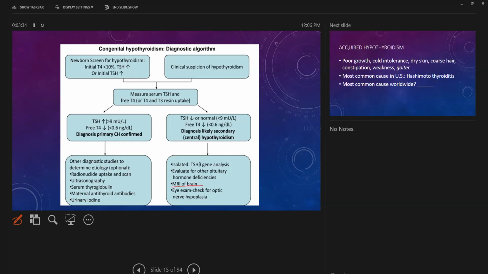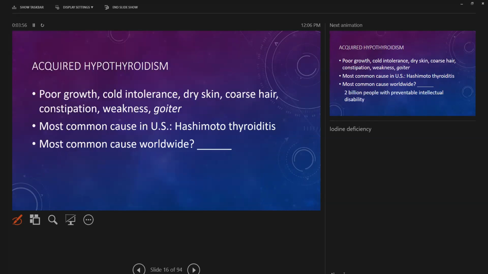We can MR the brain to see if there's an abnormality there, and we can check an eye exam for any optic nerve hypoplasia, which would be consistent with a central hypothyroidism, or if that is causing pressure onto the pituitary, inhibiting its behavior.